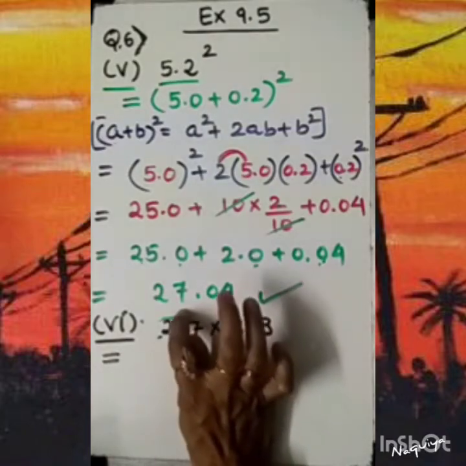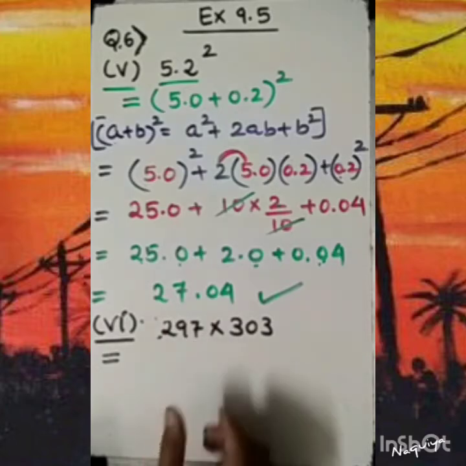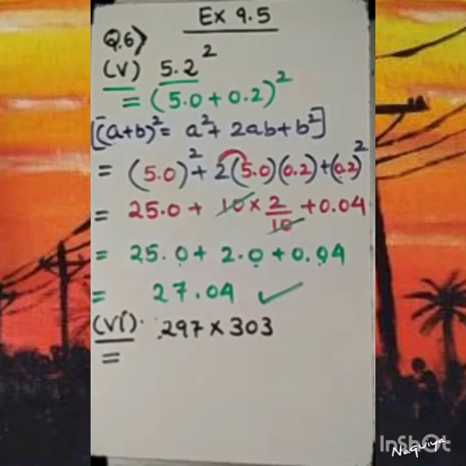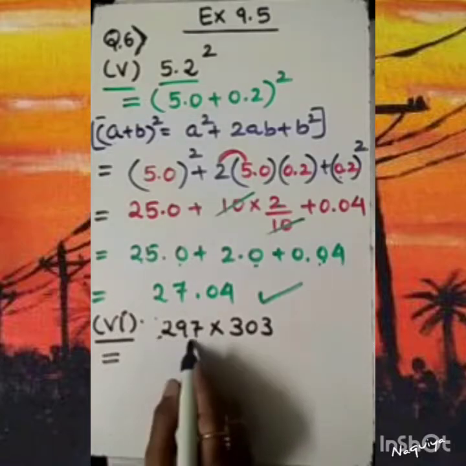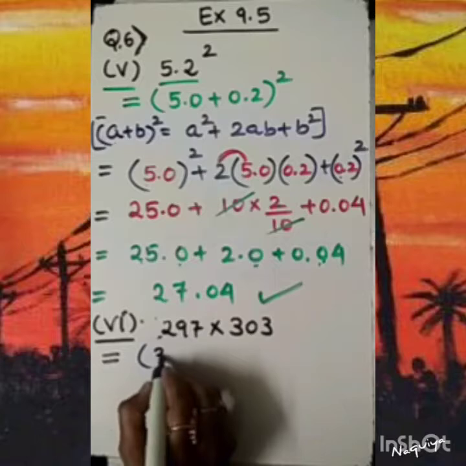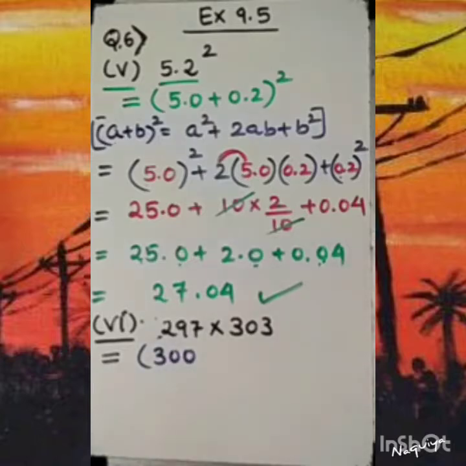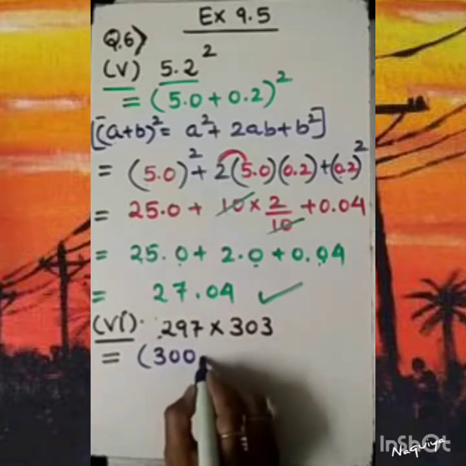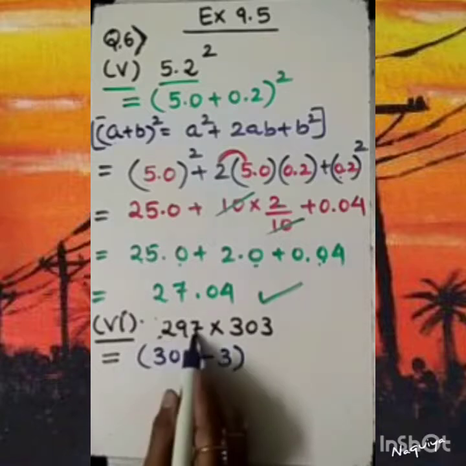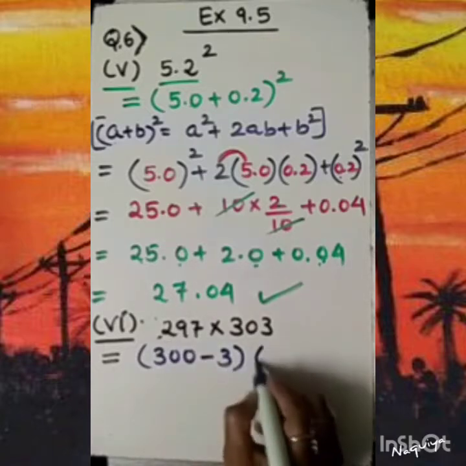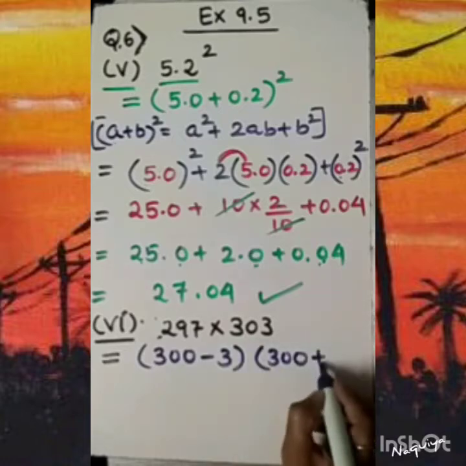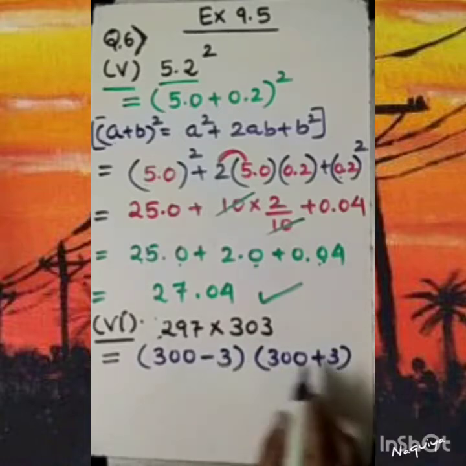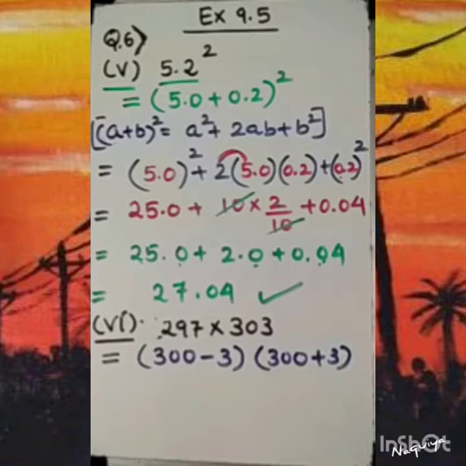First, how can we write it in such a way that their difference comes to 3? If I round off nearby, then of course it will be 300, and when I subtract 3 from it, then I will have 297, and in the other bracket we will have 300 plus 3. Here it is minus 3, so here it will be plus 3.